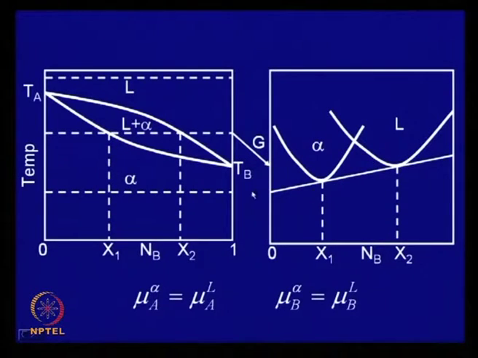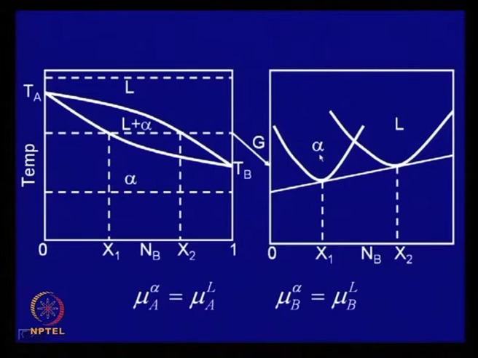And in a free energy plot, if you draw a tangent, then this intercept is known as, usually free energy 0 will be somewhere here, this is down. So, this intercept will be known as chemical potential, or you can say partial molal free energy.